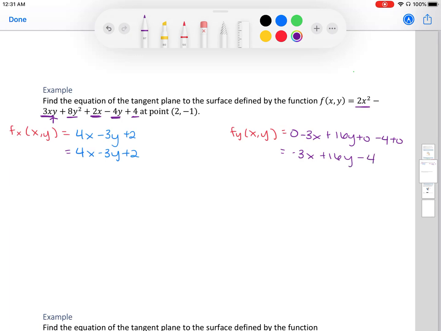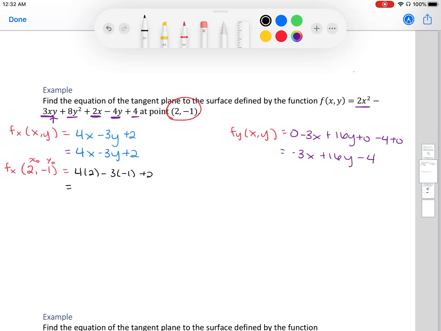Okay, now we want to plug in our point into each derivative. So I want to find f sub x, and our specific point we're given is 2 comma negative 1. So let's plug in 2 for x and negative 1 for y. So that we have 4 times 2 minus 3 times negative 1 plus 2.